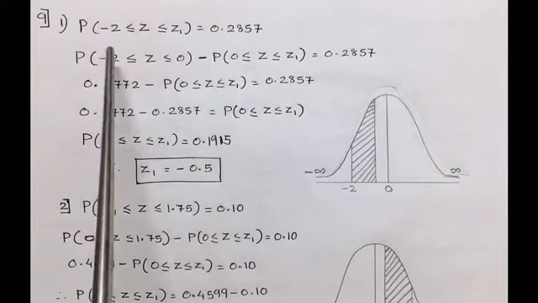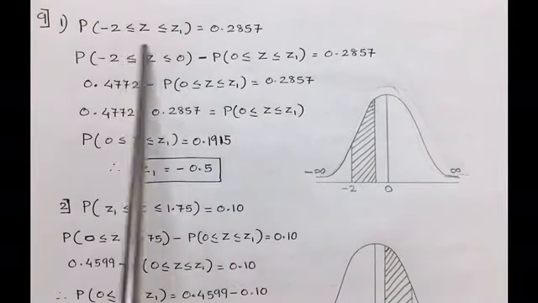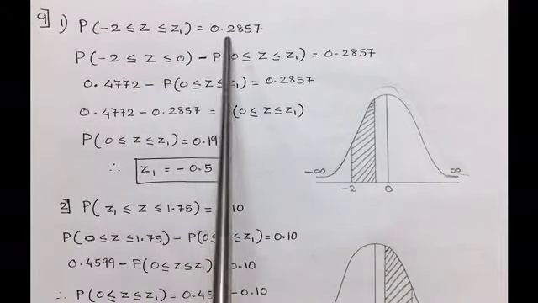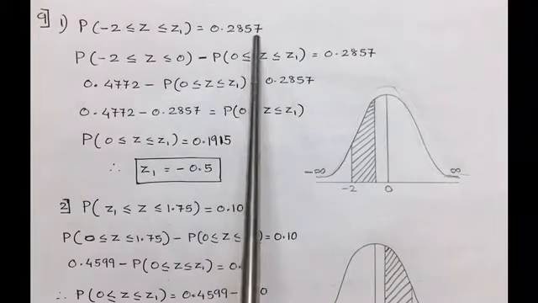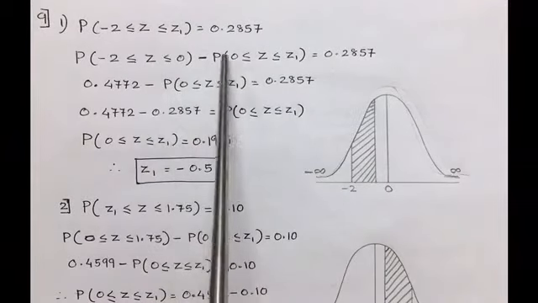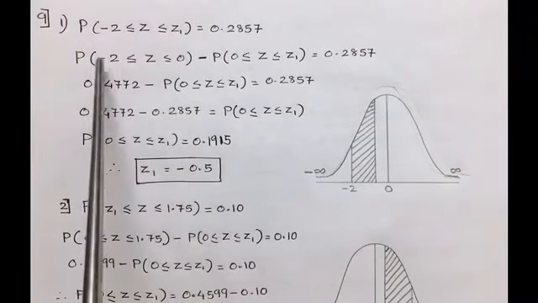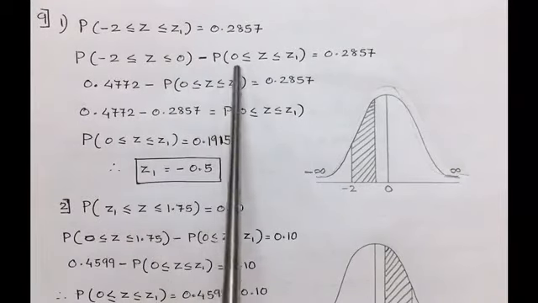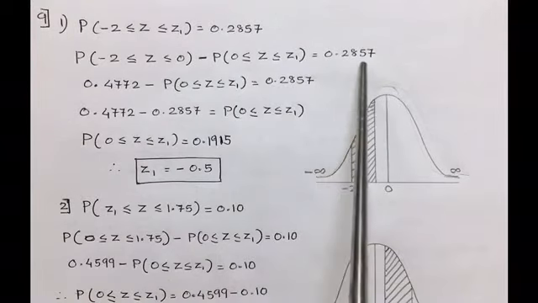Now, to calculate the value of Z1, first of all, this probability inequality we need to break at 0. As the value given, 0.2857, is smaller than 0.5, while breaking it we need to subtract. So taking -2 to 0 minus 0 to Z1 is equal to 0.2857.